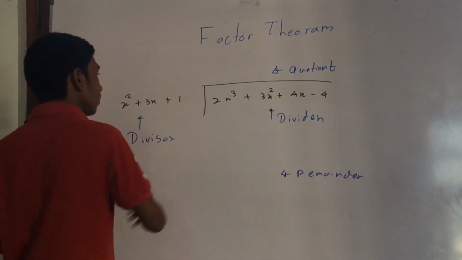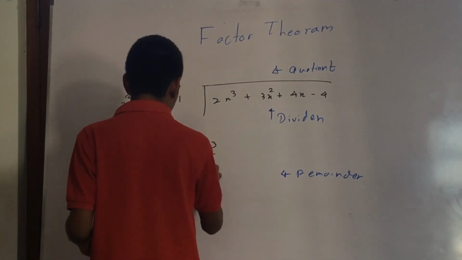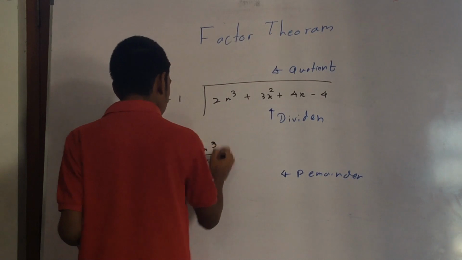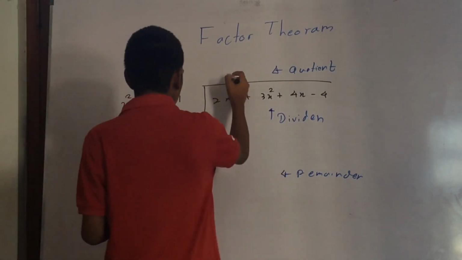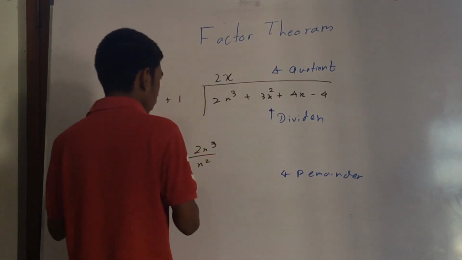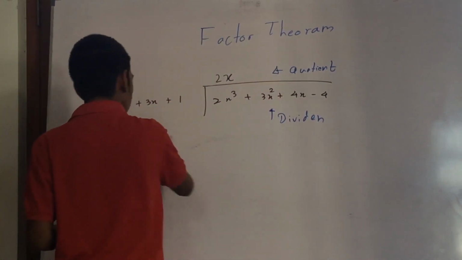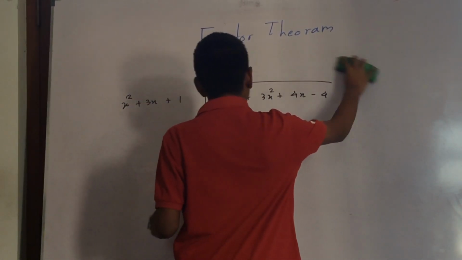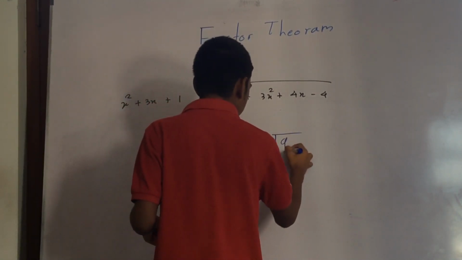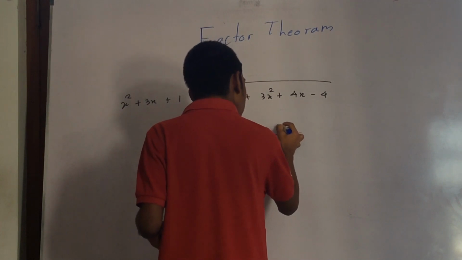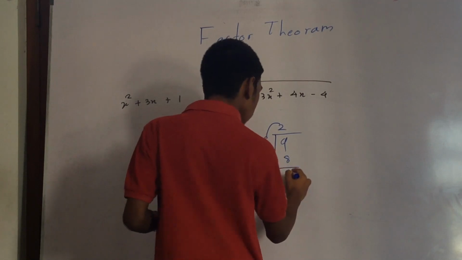First we should divide the first term of the dividend by the first term of the divisor. That will be 2x cubed divided by x squared. Here, according to the indices law, powers are subtracted. 3 minus 2, the answer will be 1, so it will be 2x. Earlier when we divided 9 by 4, we got the answer 2, and we multiplied 2 by 4 and got 8, and 9 minus 8 was 1.